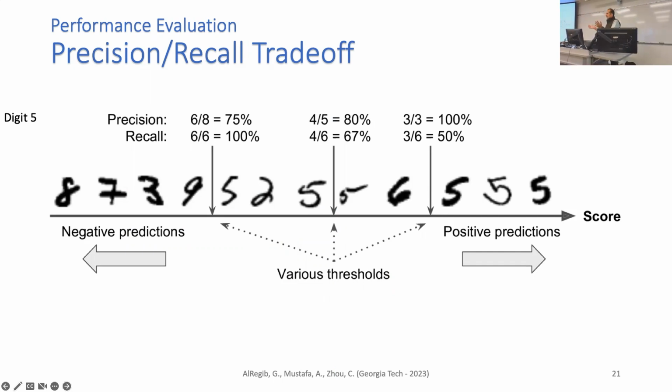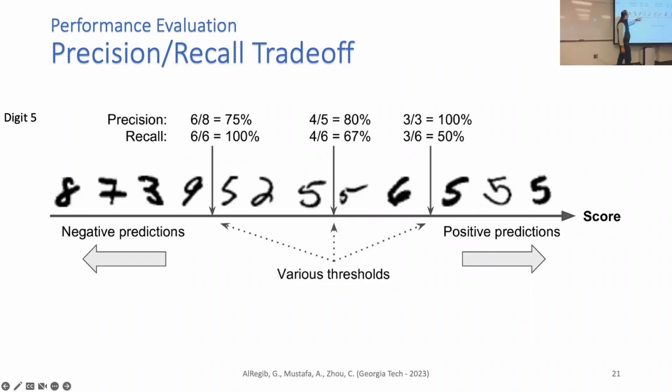At the classification, you have to decide on those. So now look at this. This is basically my predictions. If I use this threshold in here, and I'm saying whatever is on the right-hand side of my threshold, I'm predicting everything on this side as 5, everything on this side as non-5, right?